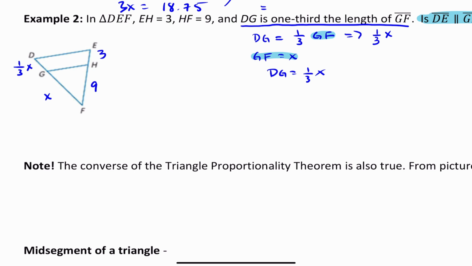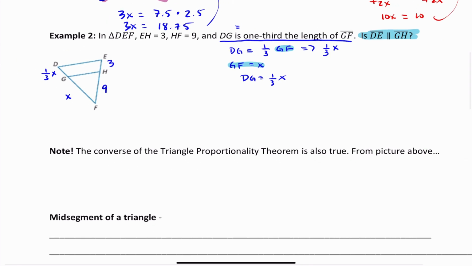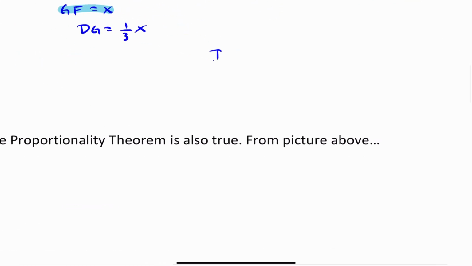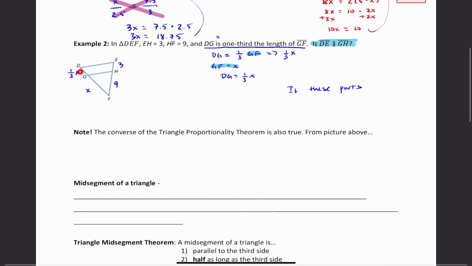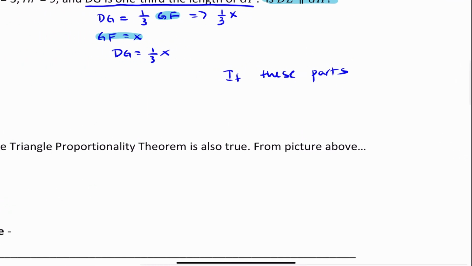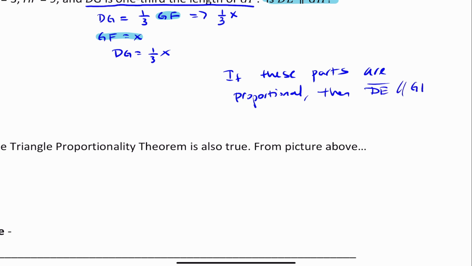So, in order for me to determine whether or not segment DE is parallel to segment GH, you have to say this. If these parts, so I'm taking this over this equals this over this, so if these parts are proportional, then we can say that segment DE is parallel to segment GH, okay?